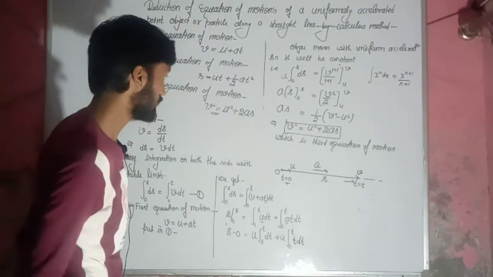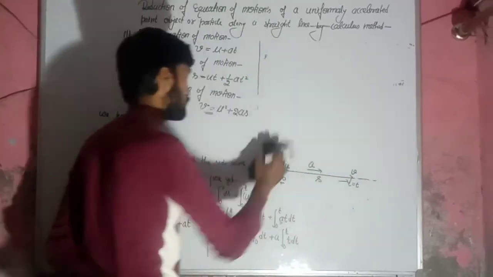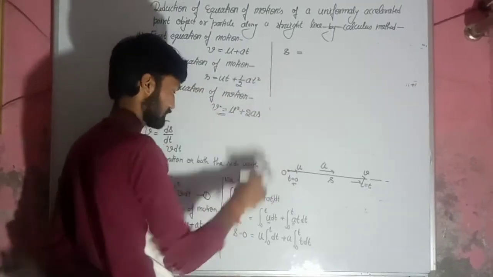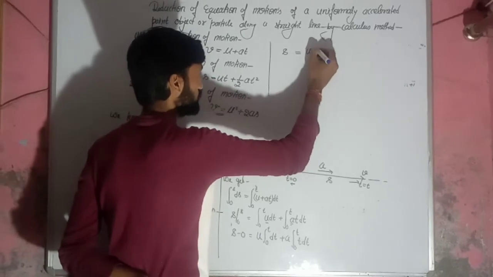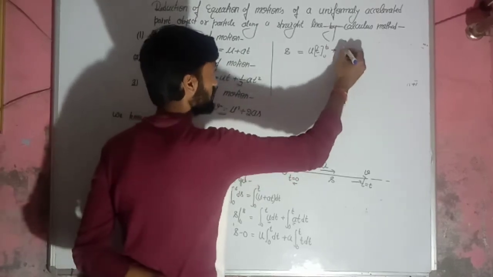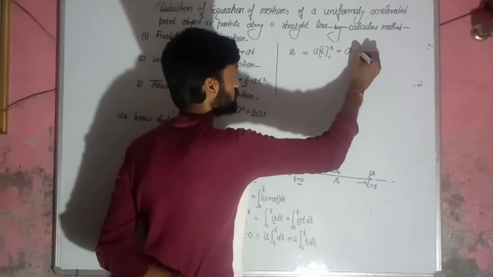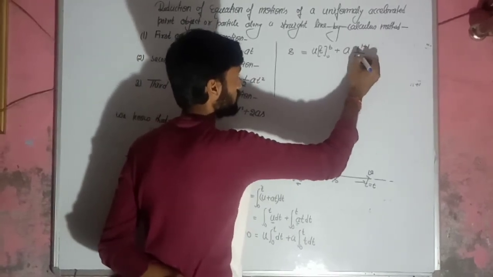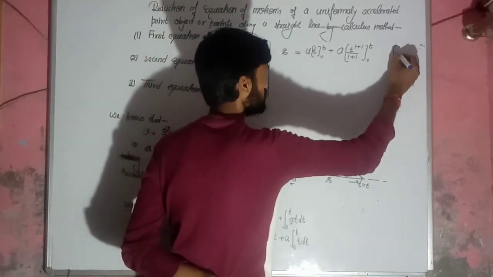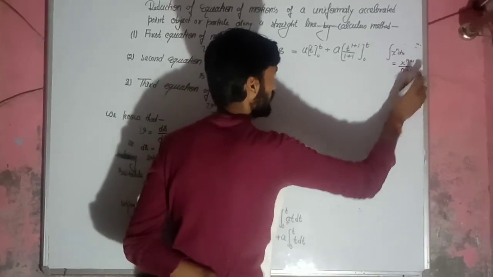Now after that I will apply the formulas of integration, then we get s equals to u, and the integration of dt is t, limit varies from 0 to t, plus a, and here the power is 1, that means the integration of this will be t to the power 1 plus 1 by 1 plus 1, limit varies from 0 to t, because the formula of integration of x to the power n dx equals x to the power n plus 1 divided by n plus 1.